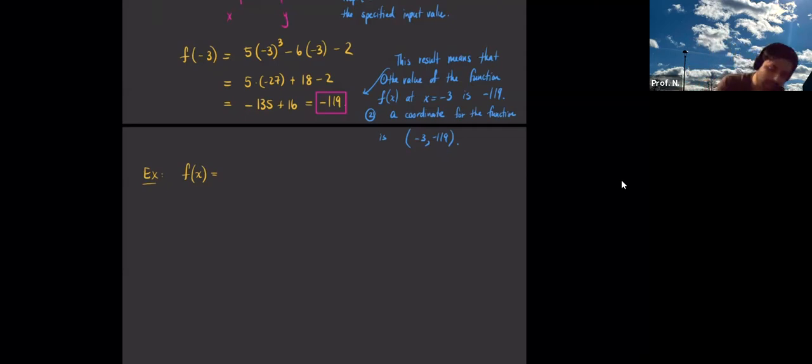Like for example, let's say my function is 2x plus 5, right? And then I want to evaluate the function. This time I'm going to plug in a different expression, h plus 3. Now this may seem a little strange. You're like, but why are we doing this? This is not a number anymore. This is an algebraic expression.